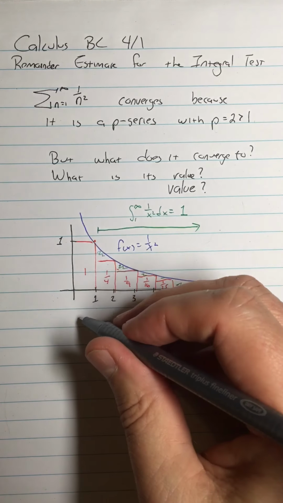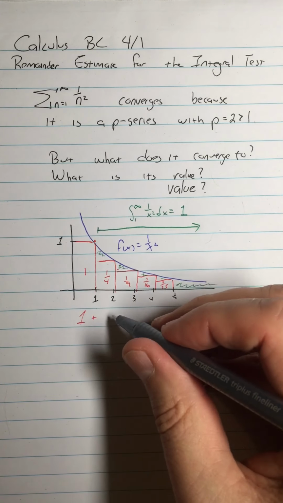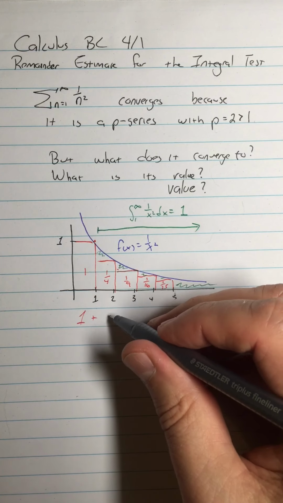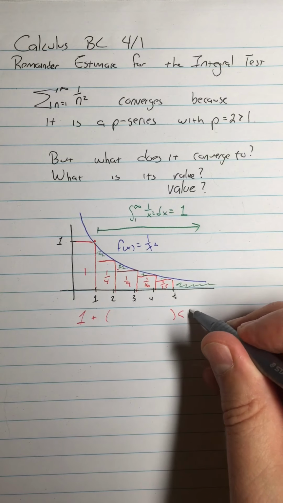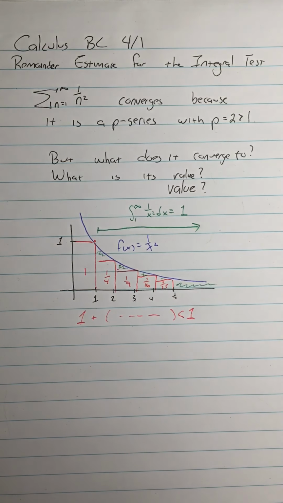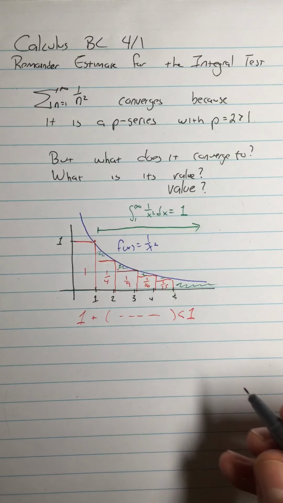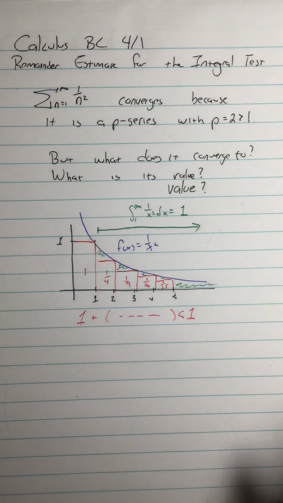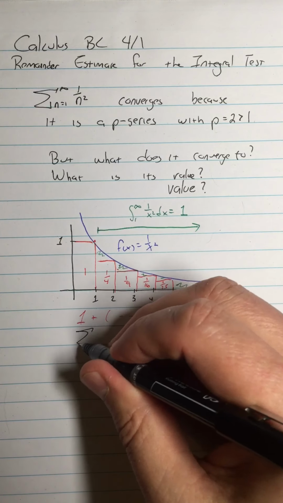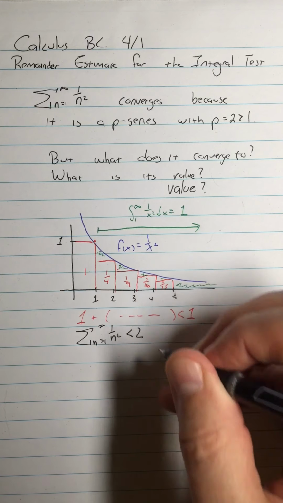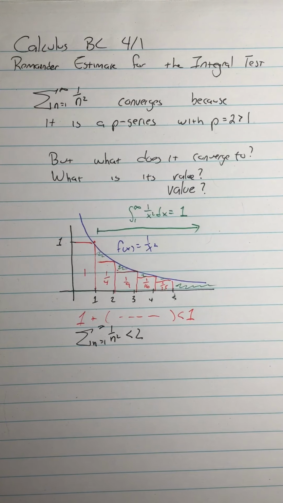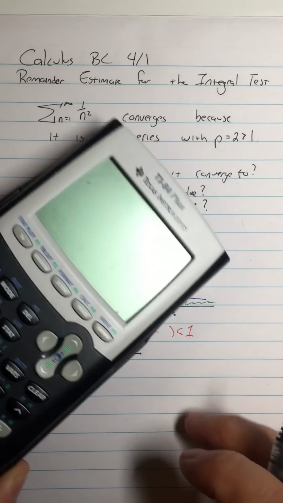So what I have is 1 plus a bunch of stuff that is less than 1. So what we know to start with, just from this diagram, is that the sum from n equals 1 to infinity of 1 over n squared is less than 2, right? That's what we already talked about.